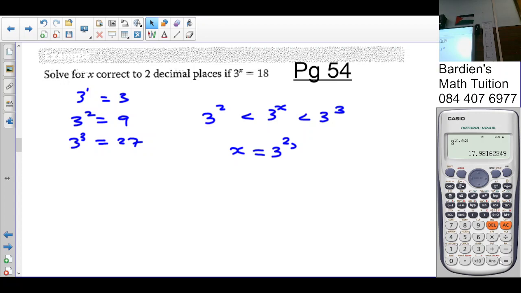2.64 was over 18. Let's choose another number. Go with another 5. You see 18.08. Let's go with 4, let's go with 3, let's go with 2, let's go with 1.